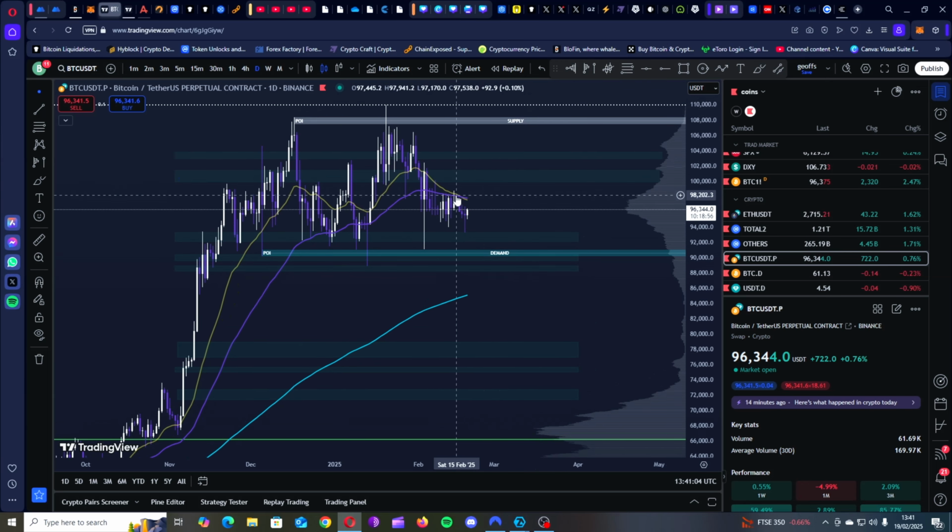And we've also got the EMAs, or the moving averages, whatever you want to use, starting to decline at the same time at the minute. So it's not really a good time to be opening trades at the minute, in my personal opinion.